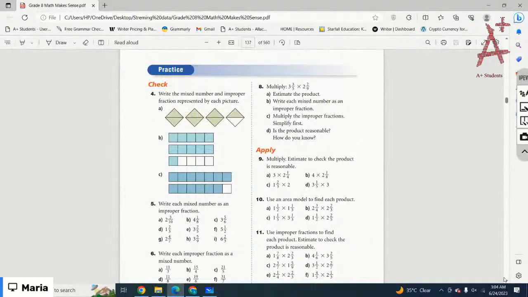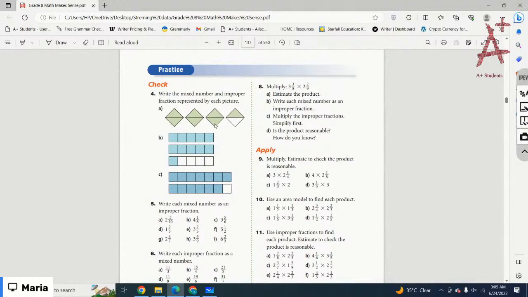Let's start with question number 4. Write the mixed number and improper fraction represented by each figure. For 4a, you can see you have four figures, but three of them are completely gray.